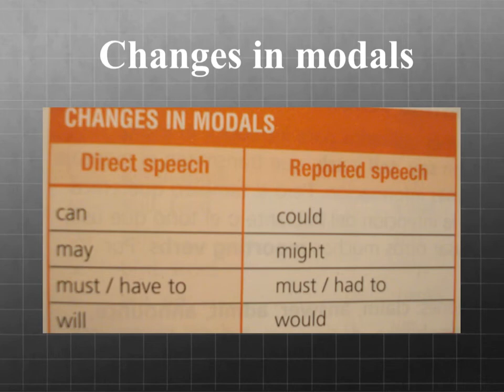Must remains must. On the other hand, if you have to, which is sort of the same thing, then you will have to apply the transformation and say had to. And of course will, which is a modal as well, but we already discussed it in the previous section.